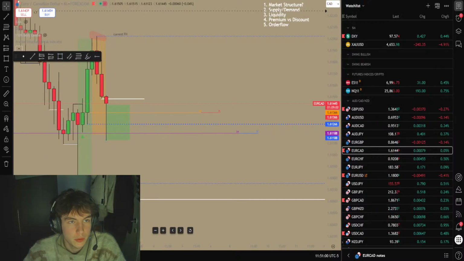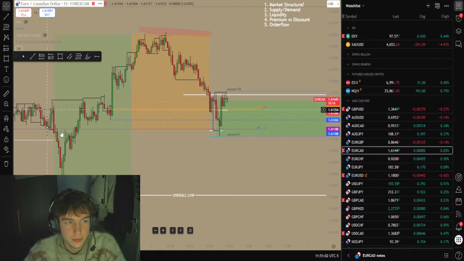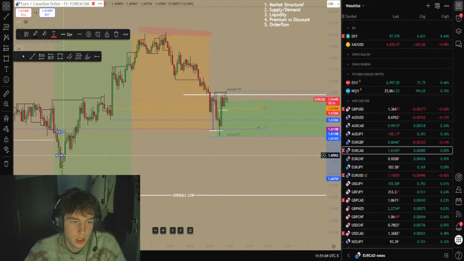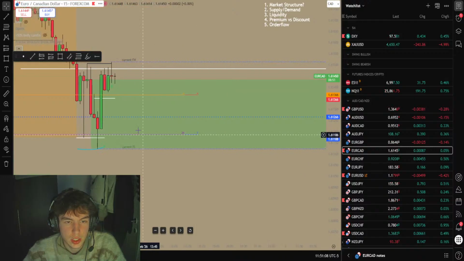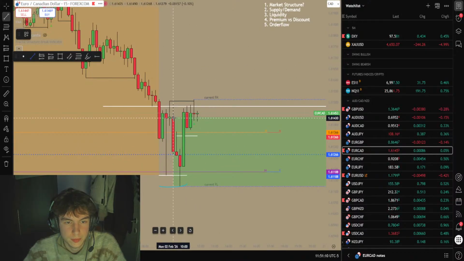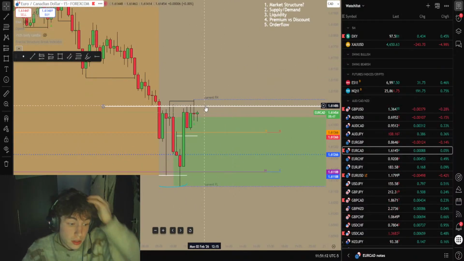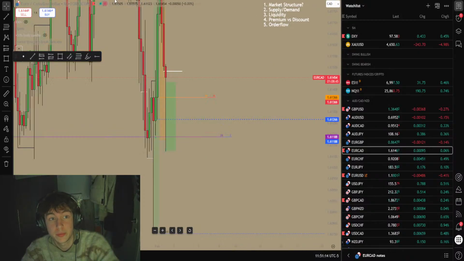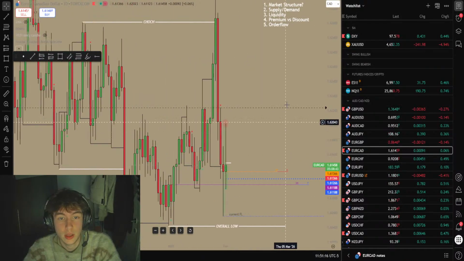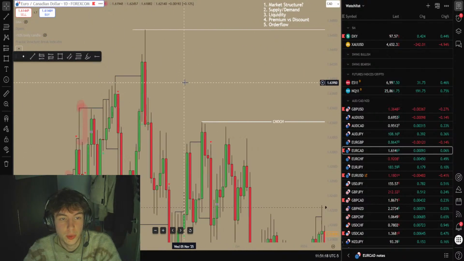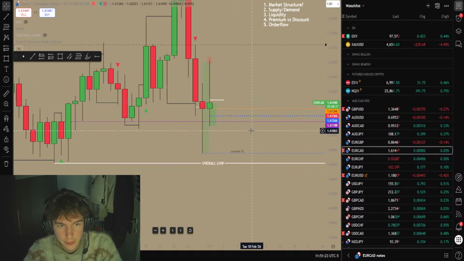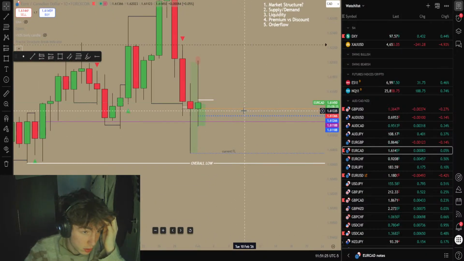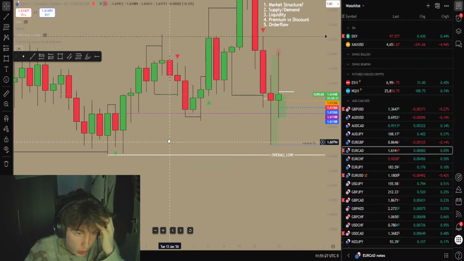No, if we look on the lower time frame, it's a change in state. And here we got a change in state as well. So we should be moving higher from here. That's why I love these candle 2, candle 3, candle 4 and candle 5 closures. These are helpful to detect a swing.